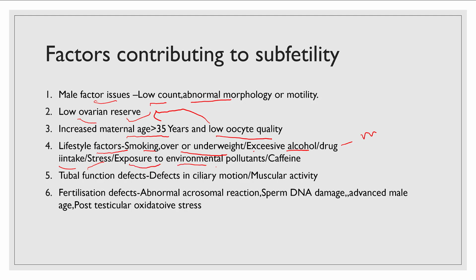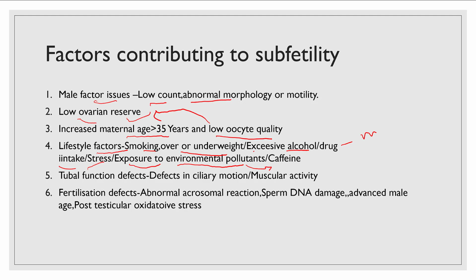Exposure to environmental pollutants. This is a big topic. Endocrine disrupting molecules, estrogens and other similar molecules are having a huge impact on our fertility. Most of them are added to our food or come to us in various other forms and get into our body and then influence our fertility.